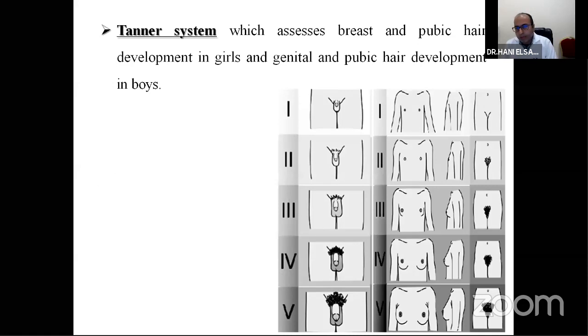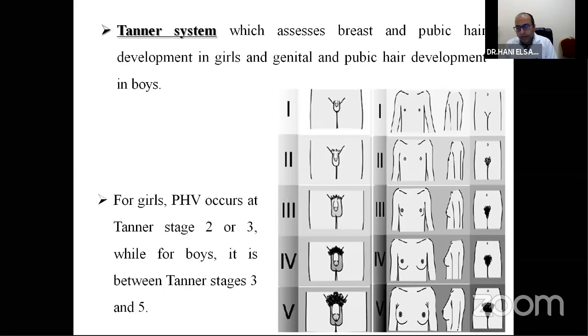Another important clinical maturity index is the Tanner staging, which assesses breast and pubic hair development in girls and genital and pubic hair development in boys. For girls, peak height velocity, which accounts for maximal curve progression, occurs in stage 1, 2, and 3.